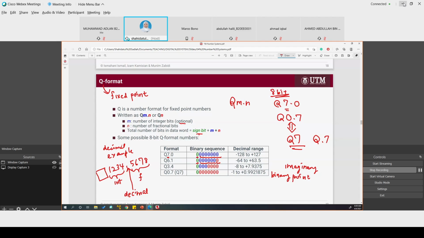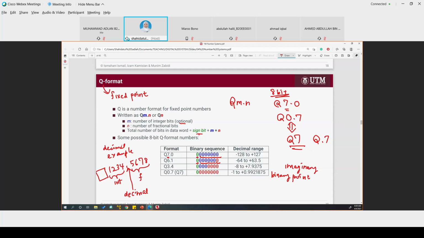If the format is Q34, you have 3 integer bits and then 4 fraction bits. Q07, or you can write it as Q7, has a maximum of 7-bit fraction.